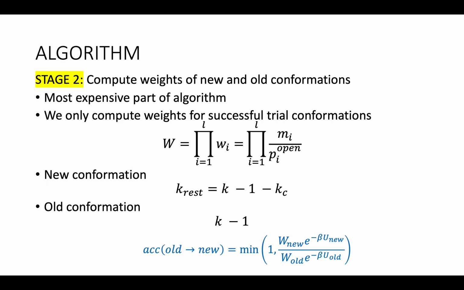So for the new conformation, if we're at monomer I, we have already explored one of all K possibilities, which is of course the one included in the new conformation of stage 1. And we might have also explored some of the closed conformations before passing to a new one. So this is the case where we found it was a closed trial position, and then we tried another one.